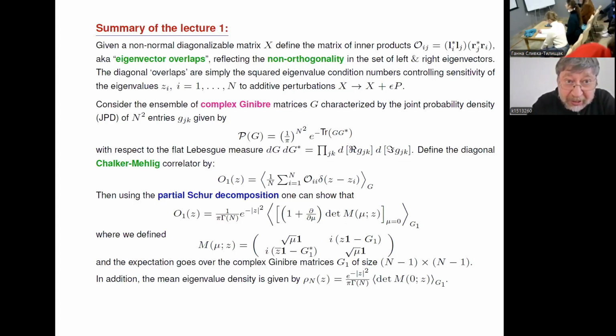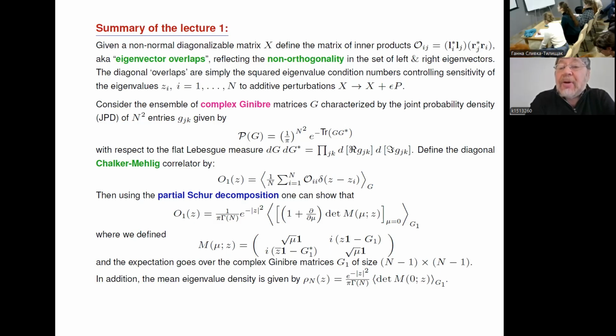So we started with a non-normal diagonalizable matrix X and defined the matrix of inner products of left and right eigenvectors, which is also in the literature frequently called the matrix of eigenvector overlaps. And this matrix reflects one of the most profound differences between non-normal and normal matrices, the fact of non-orthogonality of, separately, the sets of left and right eigenvectors.